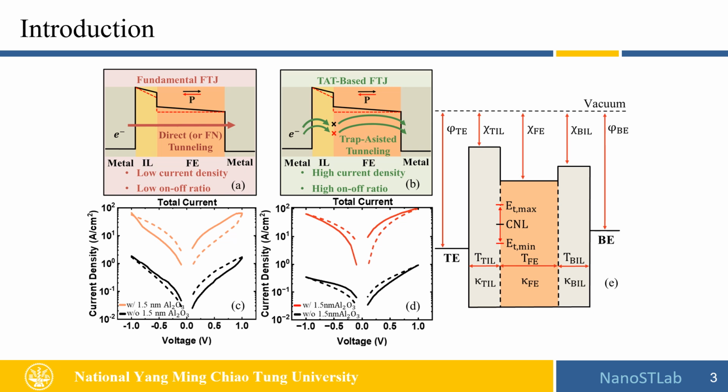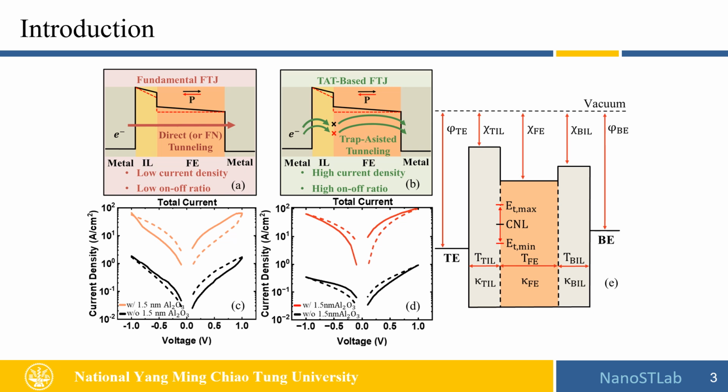And in past research, there are already experimental results showing that a 3nm HZO FTJ has its current density and on/off ratio both increased after inserting an additional 1.5 nanometer aluminum oxide.